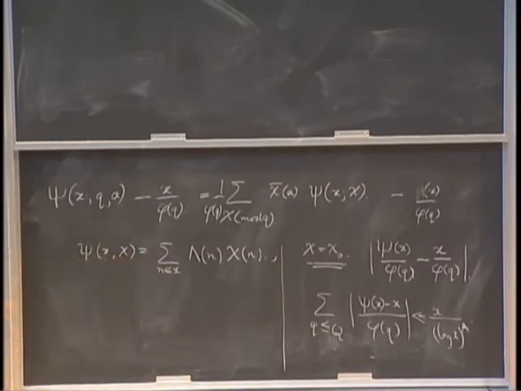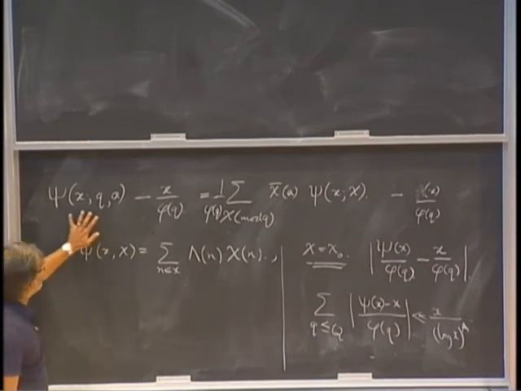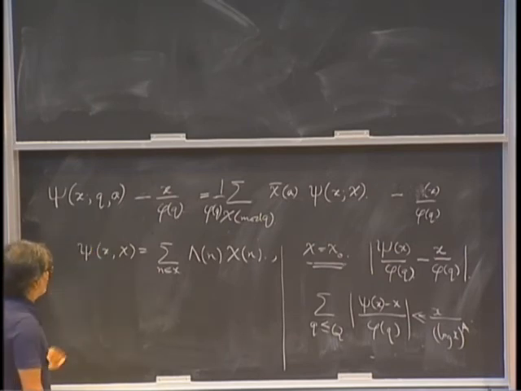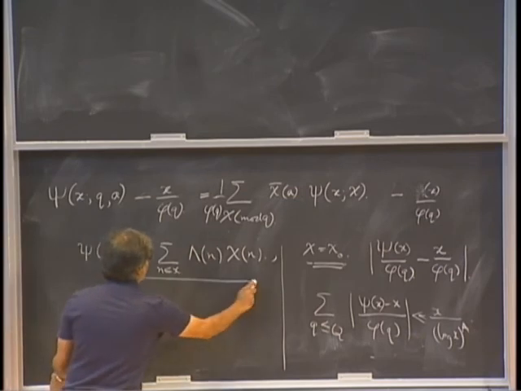Now, what I want to bound is this quantity, taking the max over all a of this object.